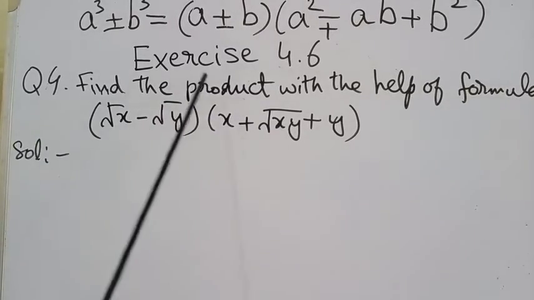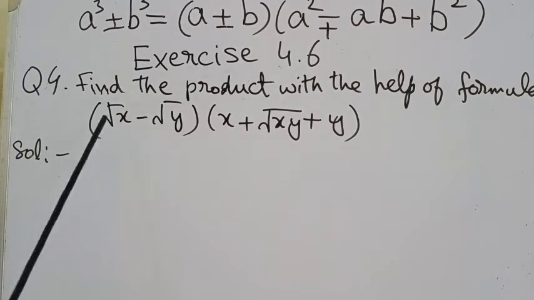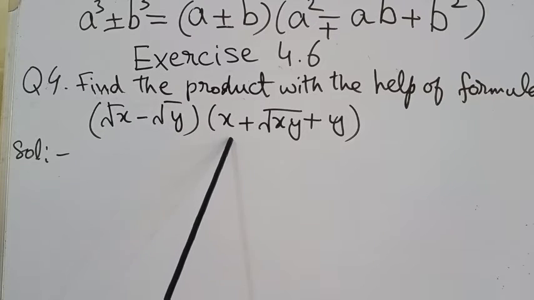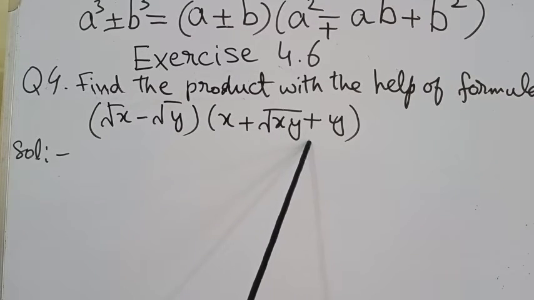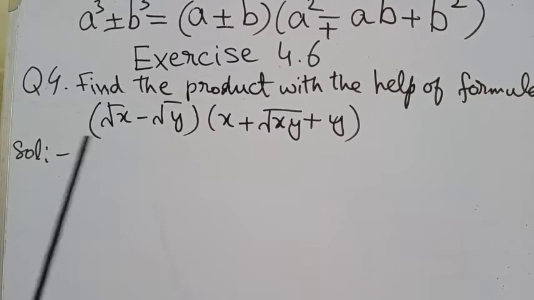Question number 4, find the product with the help of formula. In this question we have square root of x minus square root of y multiplied by x plus square root of xy plus y. Now we solve this by using the formula.